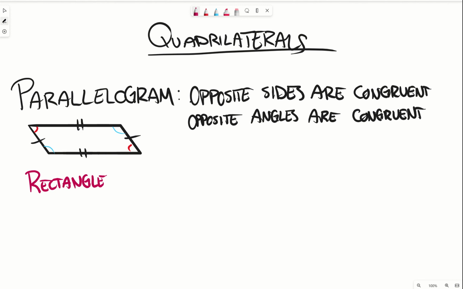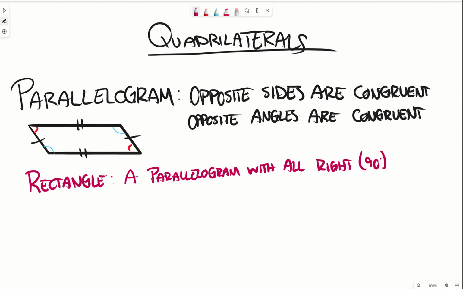So a rectangle is defined as a parallelogram with all right, or 90-degree, angles. So it's a parallelogram, which means that the opposite sides are congruent and opposite angles are congruent.